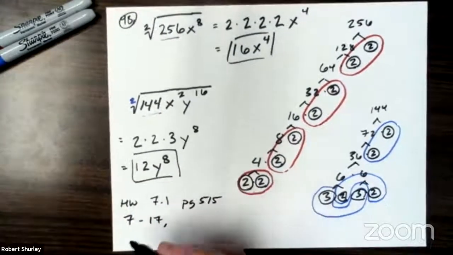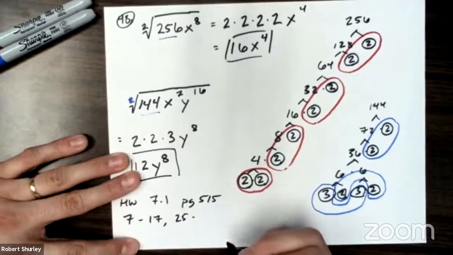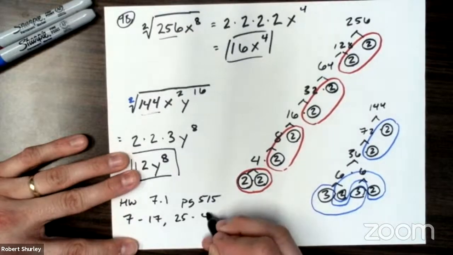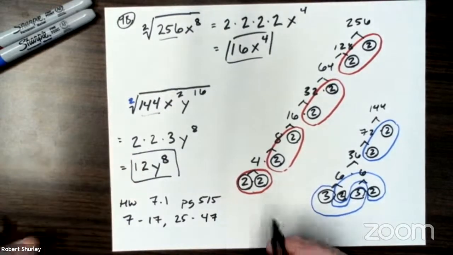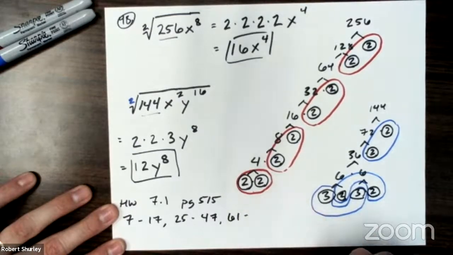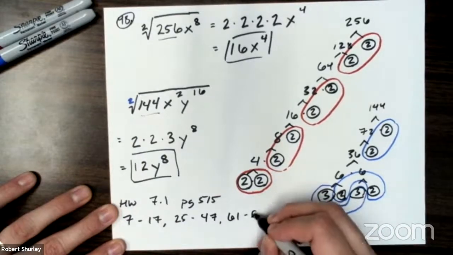It's all going to be odd. Skip over that one part. And then 25 through 47, and then 61 through 81. Now, all these are odd.